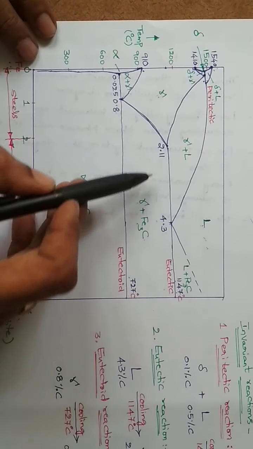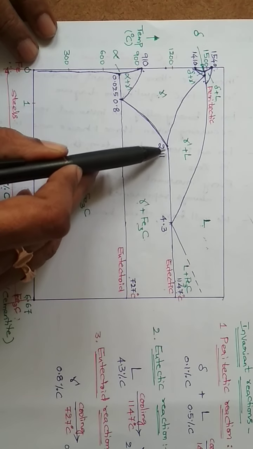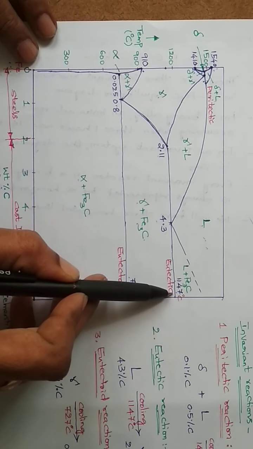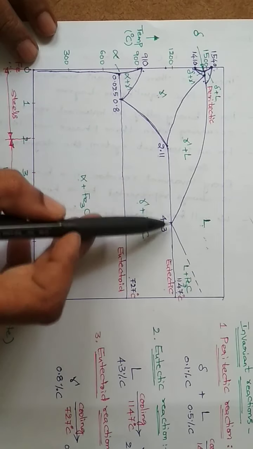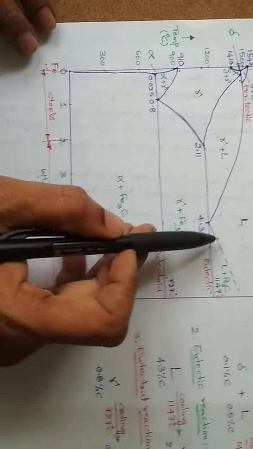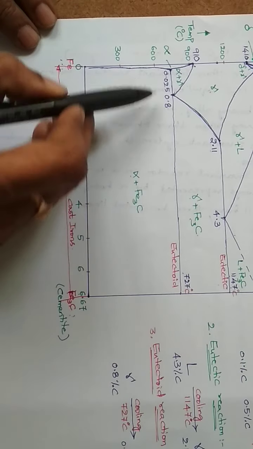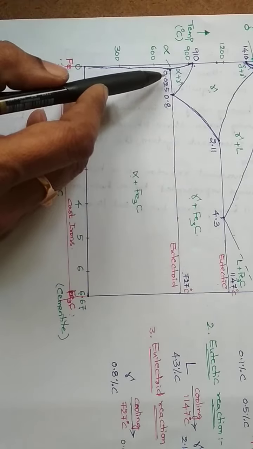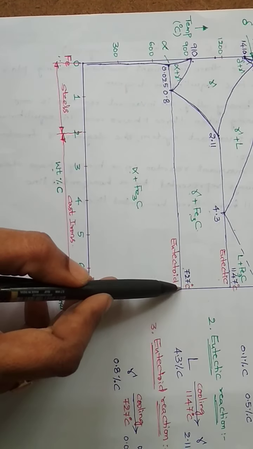Then we considered the second invariant reaction. At 1147 we have drawn a line from 2.11% carbon to 6.67. We have drawn this boundary, and similarly at 4.3% we have drawn this boundary and this line. And the third invariant reaction takes place at 727. On the left hand side the composition is 0.025, so 0.025 to 6.67.